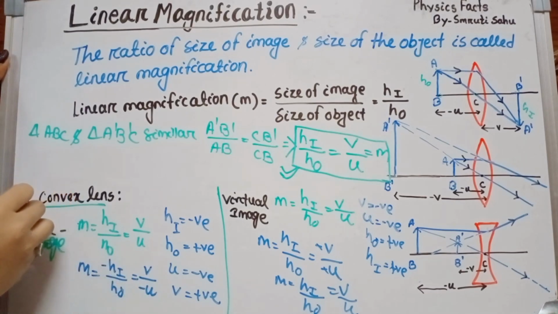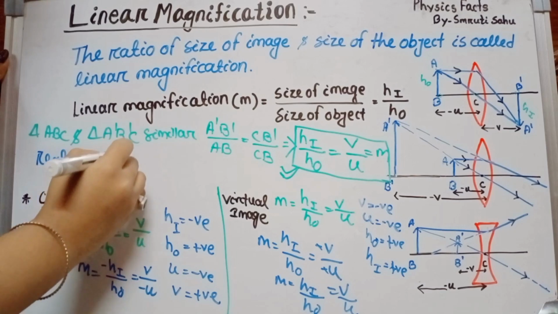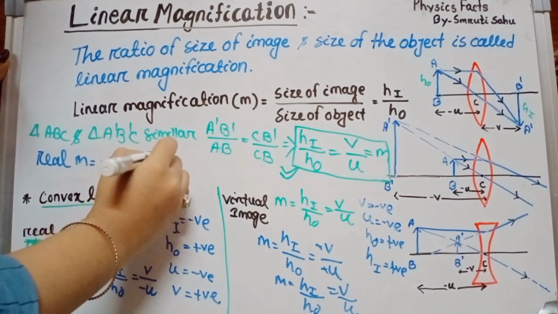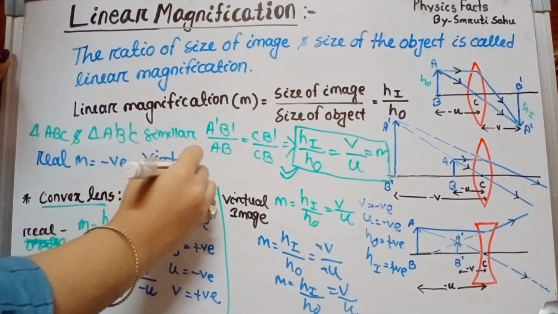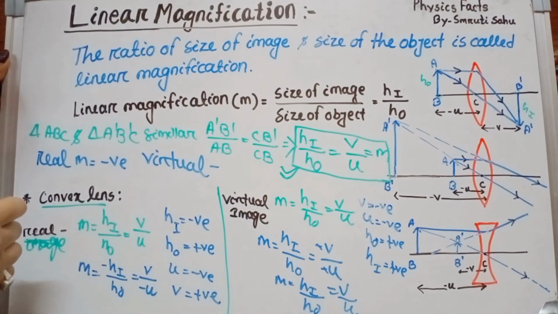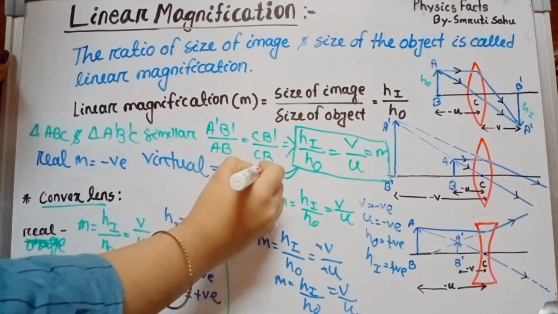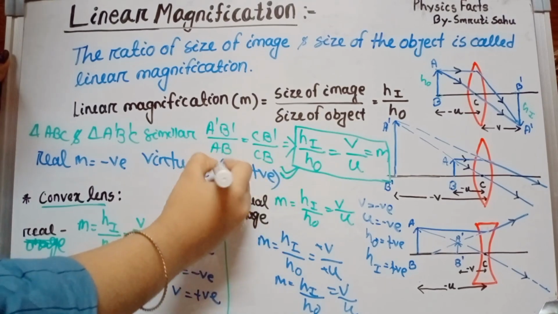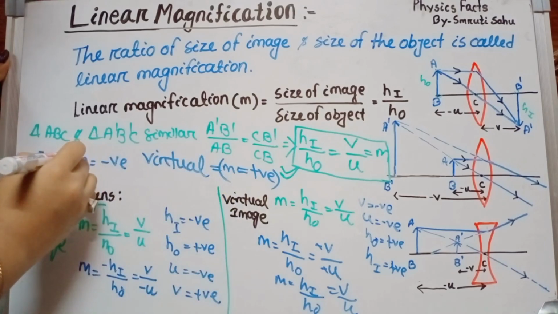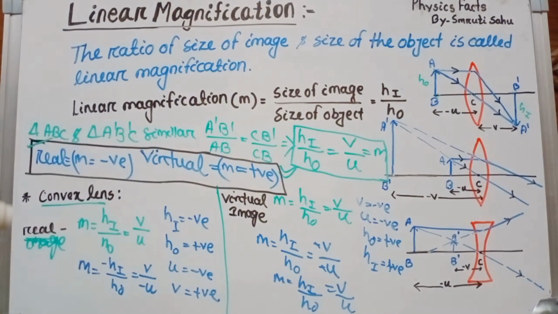That means in case of a convex lens, if you get a real image, then the magnification is negative. But if you get a virtual image, whether from a convex lens or a concave lens, the magnification is always positive. Virtual image, magnification positive; real image, magnification negative.